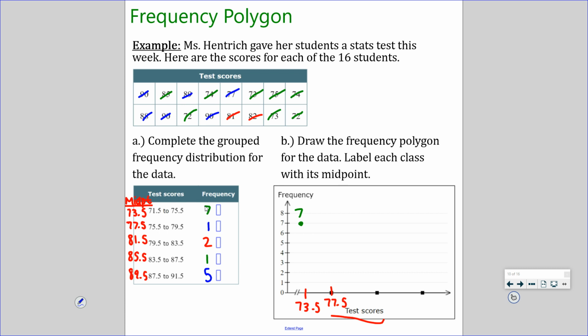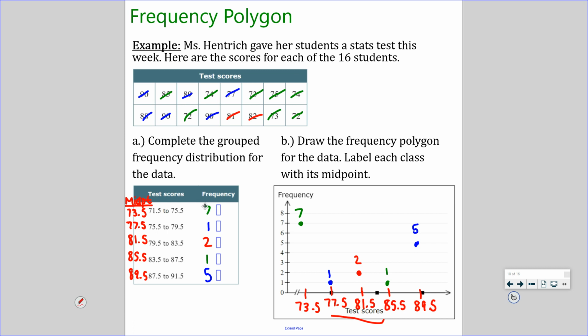There was only one score. 81.5, I had 2. 85.5, again I'm just trying to evenly space them. I didn't do a great job. 85.5 midpoint class, I only had 1. I'm going to put the numbers above it. And my last one was 5.